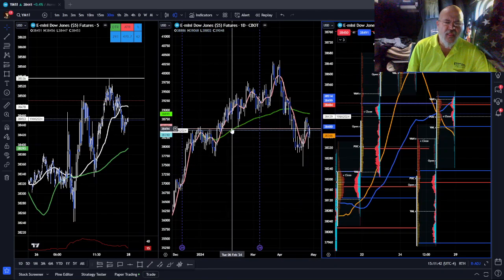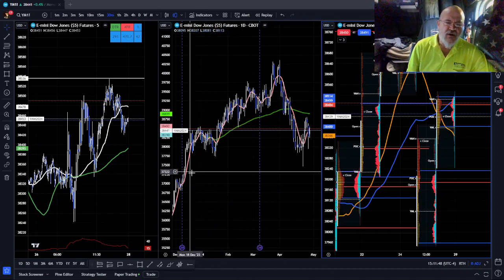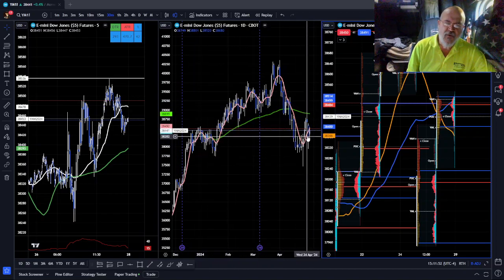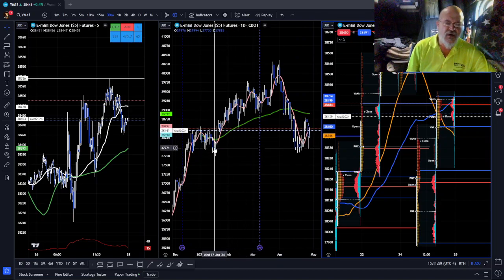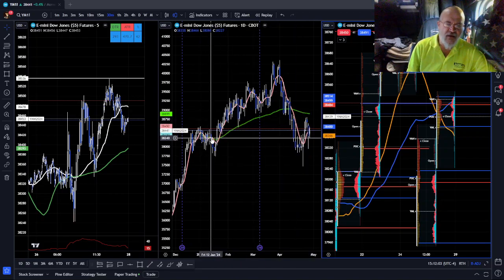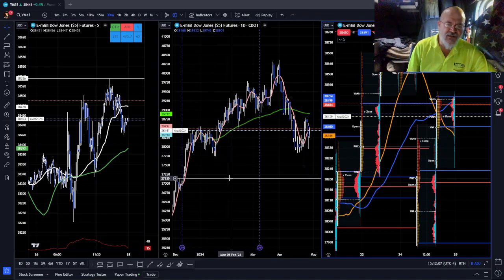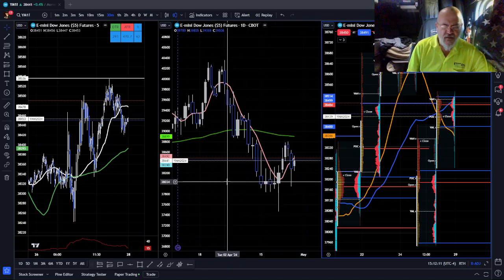Then on the 1 hour chart, I currently have it on the daily for a reason. On the 1 hour chart, I have the 5-day simple moving average. I want to keep track of that. And I'm just now starting to mark up this chart. So this is the year-to-date VWAP anchored at January 2nd, the first trading day of the year.